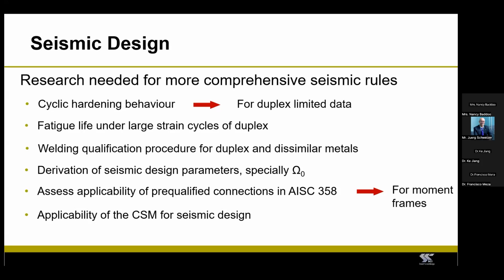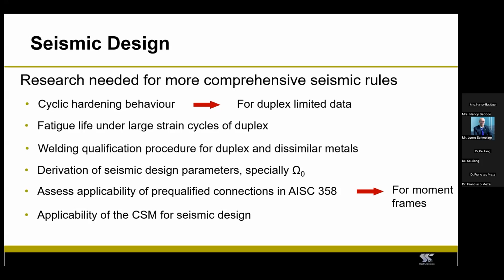Now, also because the seismic design rules for stainless steel are most likely to be based on the existing rules for carbon steel, it is always useful if the research on the cyclic hardening behavior or the fatigue life of stainless steel is presented as a comparison against the behavior of carbon steel.